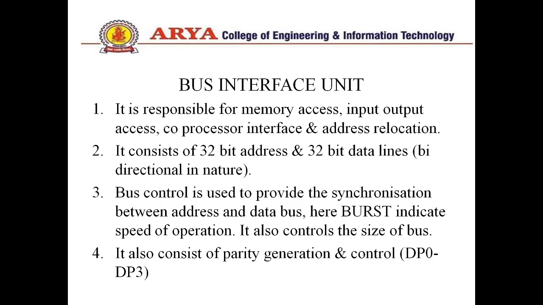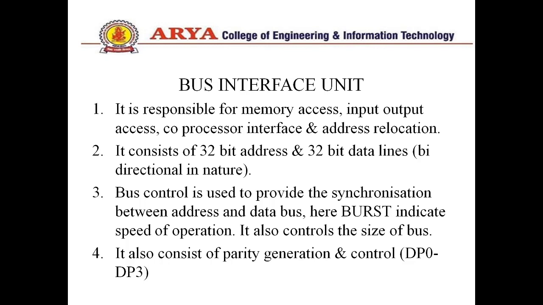First one is the bus interface unit. It is BIU, also called bus interface unit, and it is responsible for memory access, input output access, coprocessor interface, and address relocation. It consists of 32-bit address and 32-bit data lines, which are bidirectional in nature.